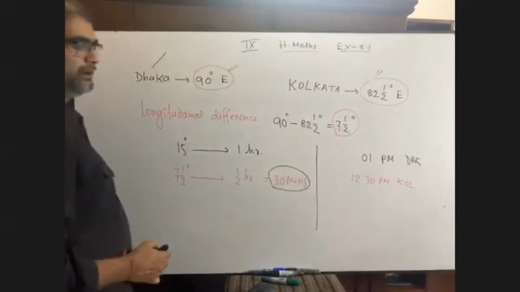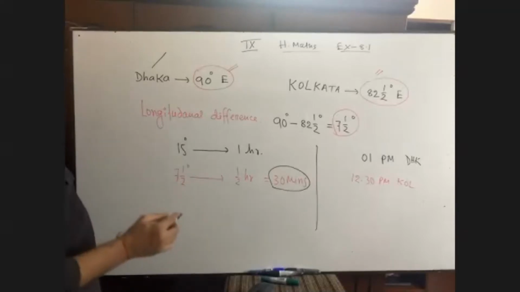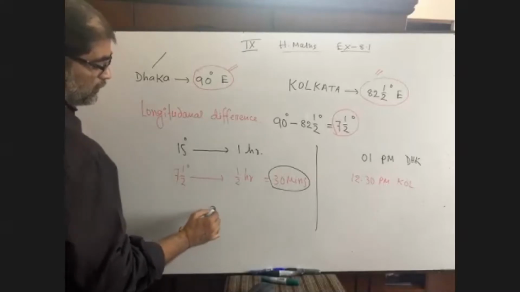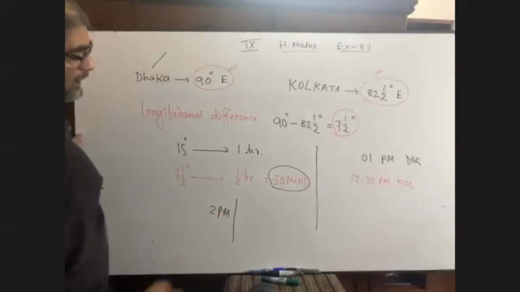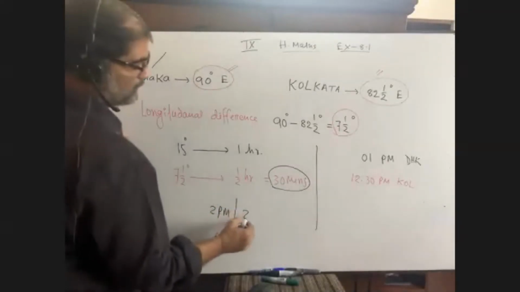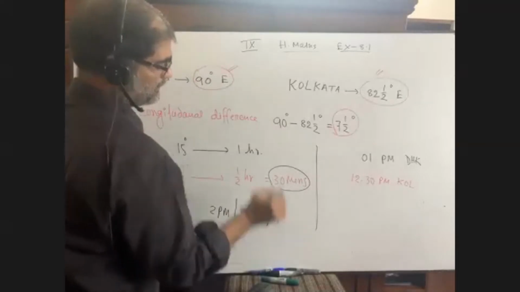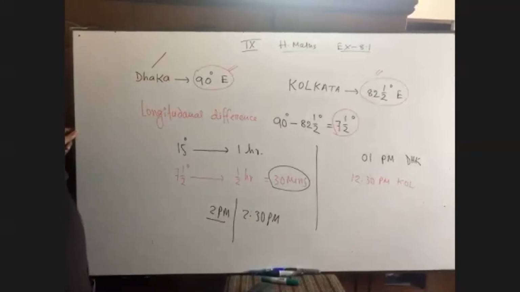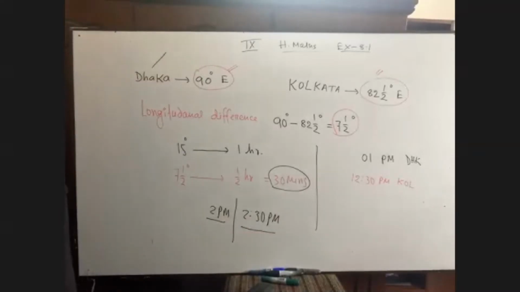So when any program or any cricket match starts at Kolkata time, suppose 2 p.m., that means Dhaka time it is 2:30 p.m. Am I right? Yes, sir. That's good.